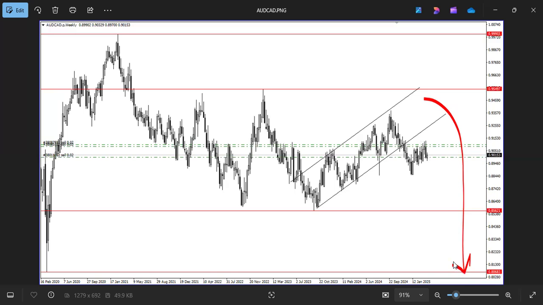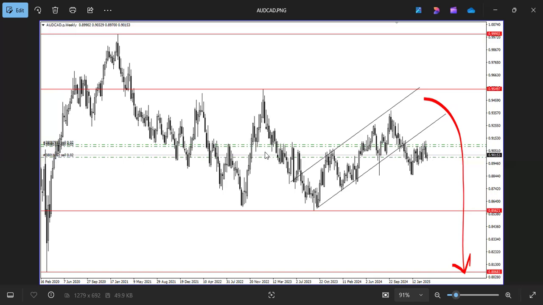So for now, this break confirmed sellers in the market, and whether we get a move back up into this zone or it doesn't reach there, I am no longer looking for buying opportunities for this pair. Instead, I'm looking for selling opportunities.